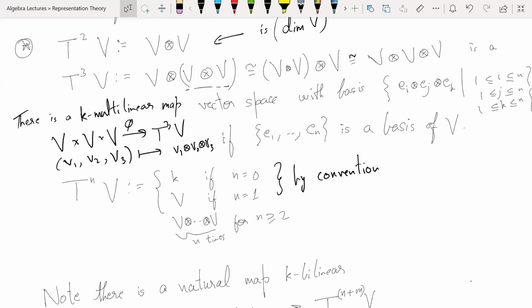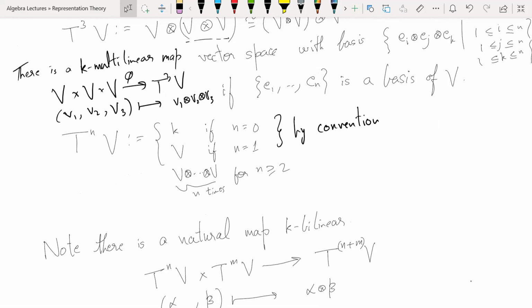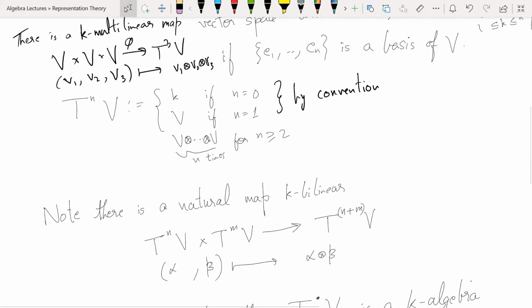Also, not only do you have a multilinear map from V cross V up to n copies to the tensor product of V with itself n times, defined in the same way, but there is also a K-bilinear map from T^n V cross T^m V to T^(n+m) V. And what does that K-bilinear map do?